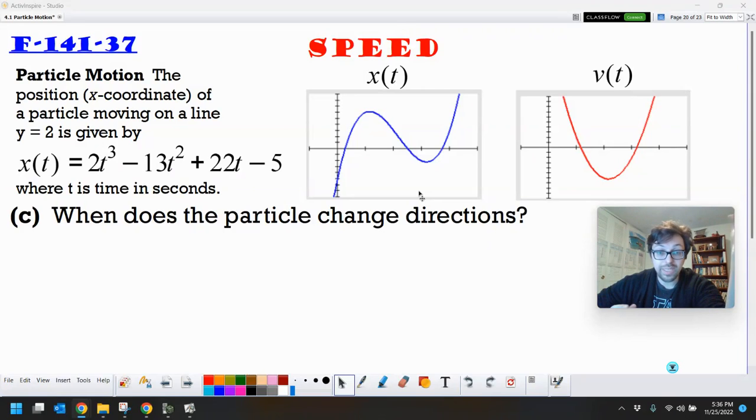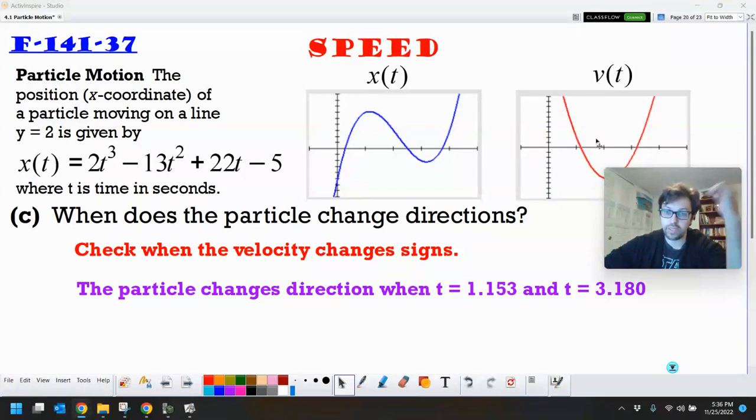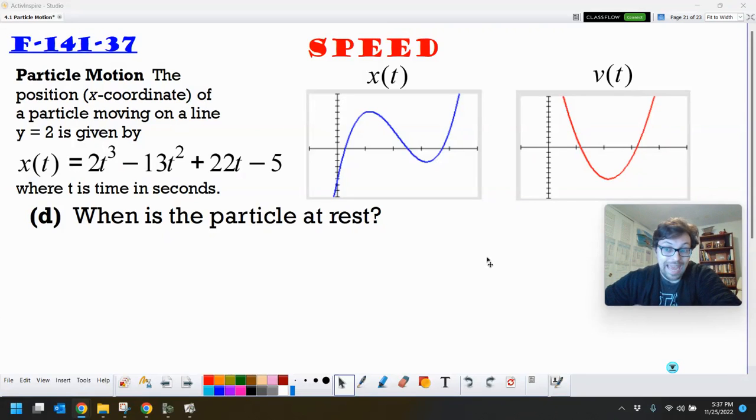If we're talking about things changing directions, that is just talking about when the velocity is swapping from positive to negative. It has nothing to do with speed. So we can tell that that happens at these 2 points, where the velocity changes from positive to negative. If we are talking about at rest, that has nothing to do with speed because at rest means that the velocity is 0.